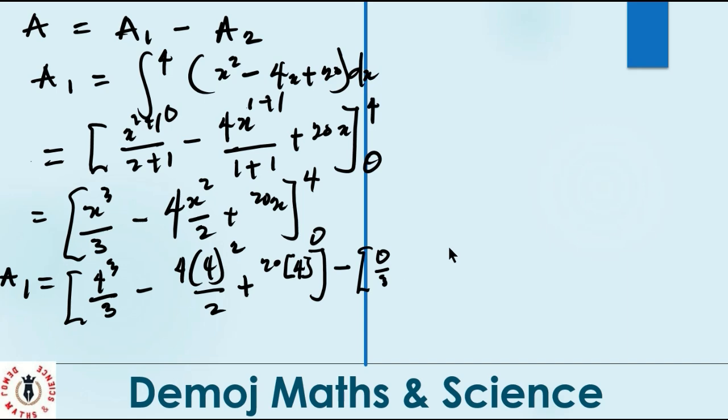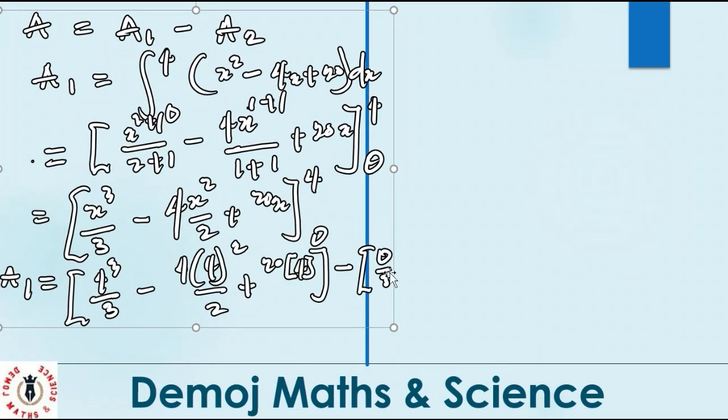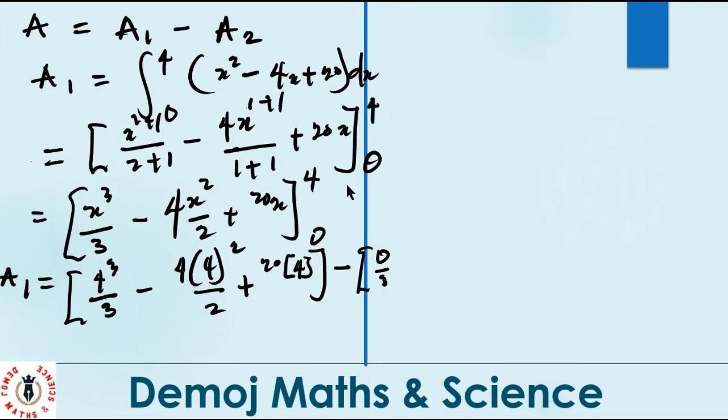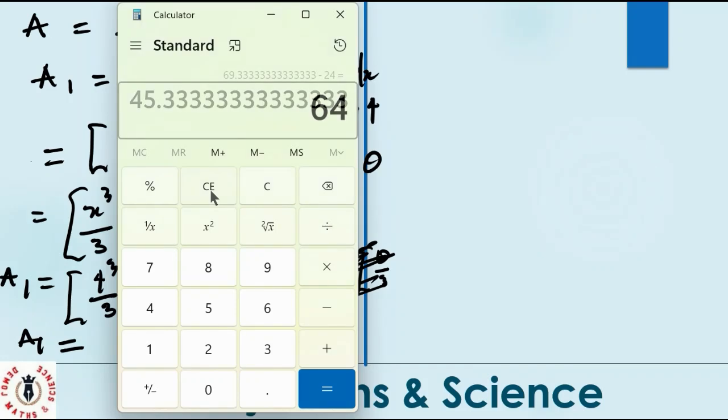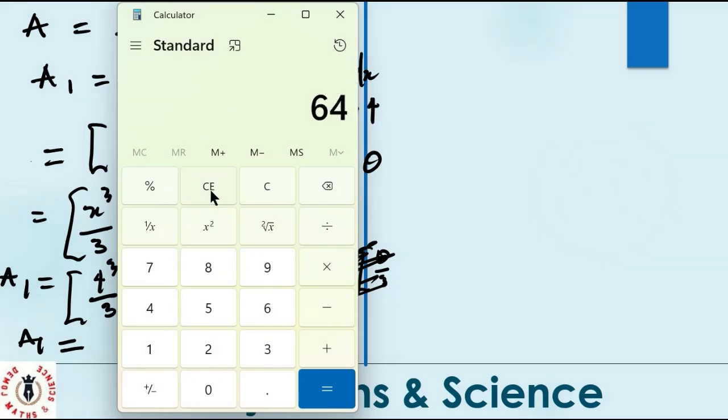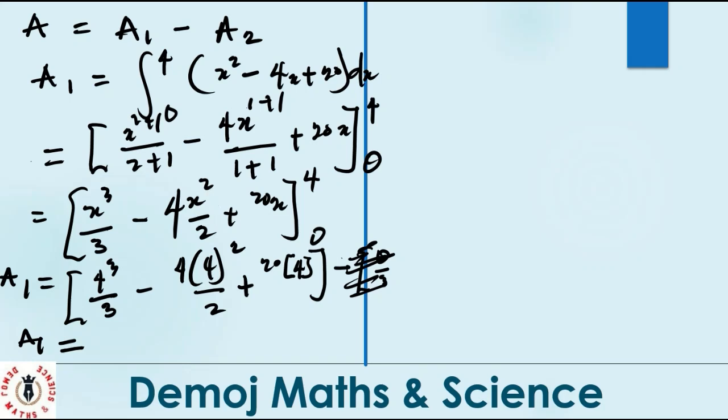Obviously, everything with 0 becomes 0, so I can do away with that part of the equation. The first term is 64 over 3. Let me use my calculator: 64 divided by 3 is 21.33.